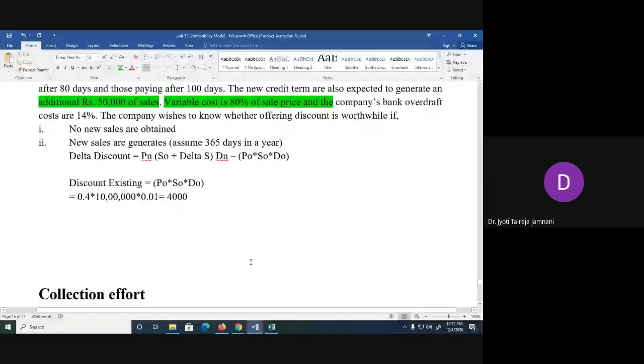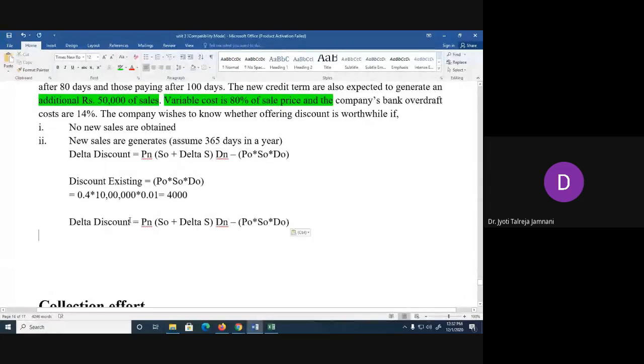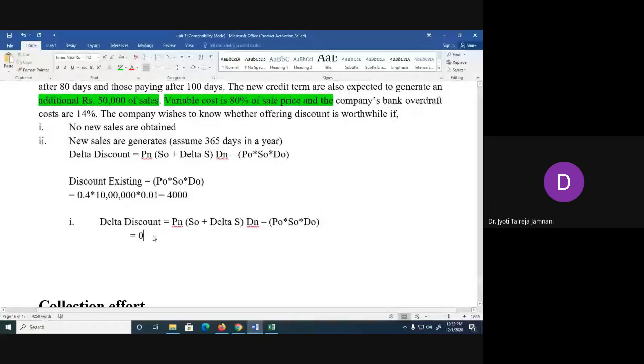Now we'll find discount for plan 1 when there are no new sales. So here, I'm writing this as 1. We'll write delta discount is equal to proportion of customers taking discount. Now here the new proportion is 60%. So 60% of customers are taking discount, 0.6 into bracket S naught plus delta S. S naught is 10 lakh plus delta S is 0 here because we are assuming no new sales.